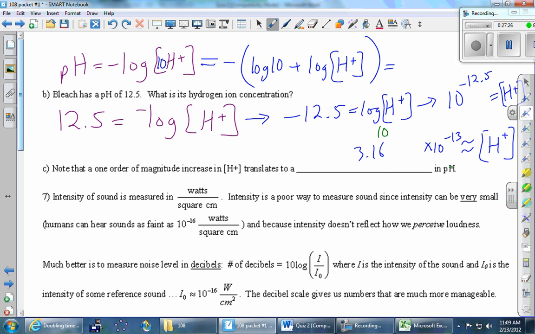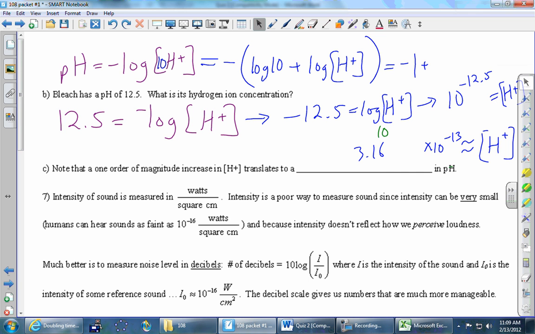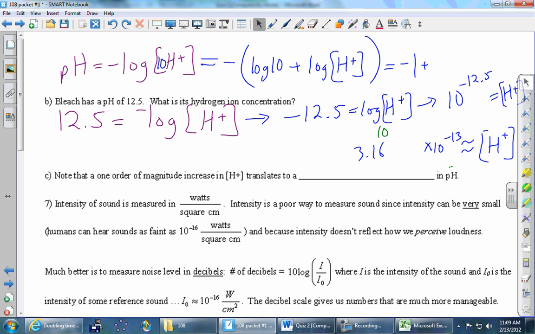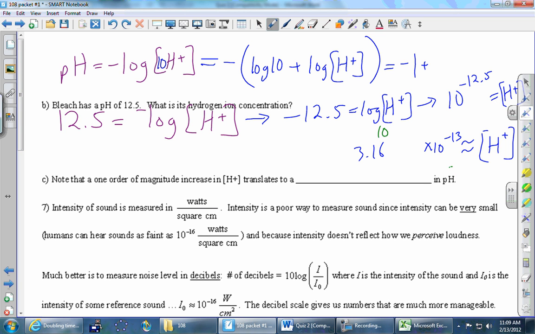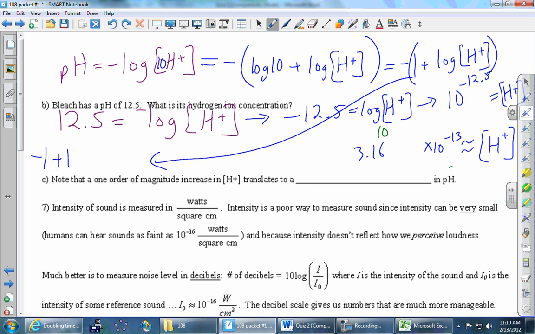It's 1. So it's negative, and then 1 plus log of H plus. And then as Topher points out, we can distribute: negative 1 plus negative log of H plus.